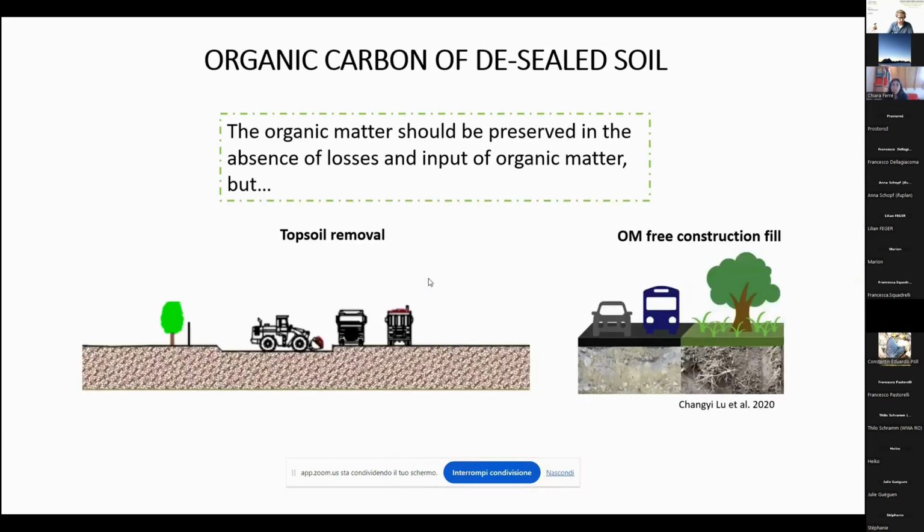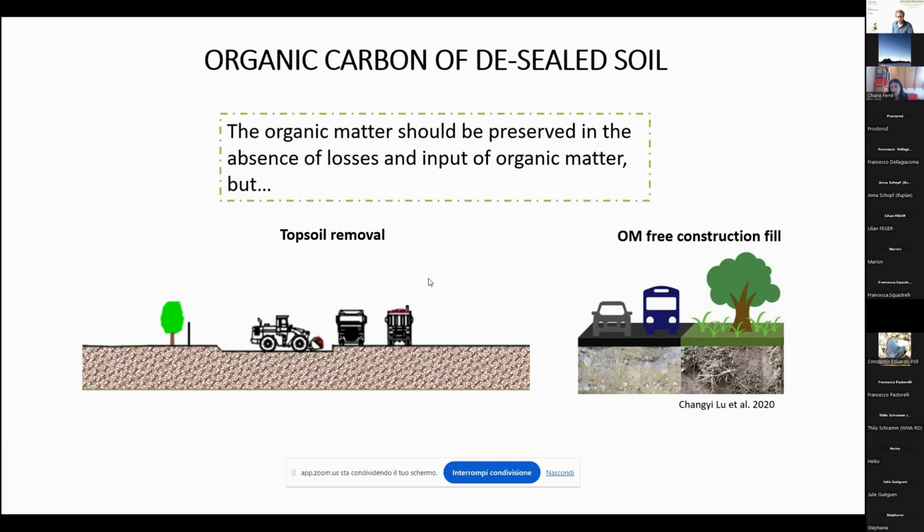But what happens when the soil rich in organic carbon is sealed? The organic carbon should be preserved. Why? Because we are in the absence of losses due to mineralization, but also losses due to input of new organic matter. But there is another important thing: before sealing a soil, usually the topsoil is removed, and a new organic matter free layer is added.